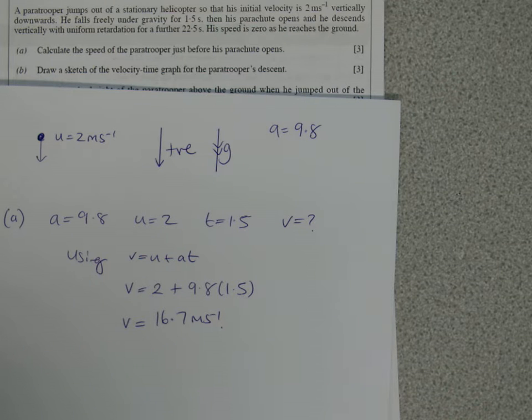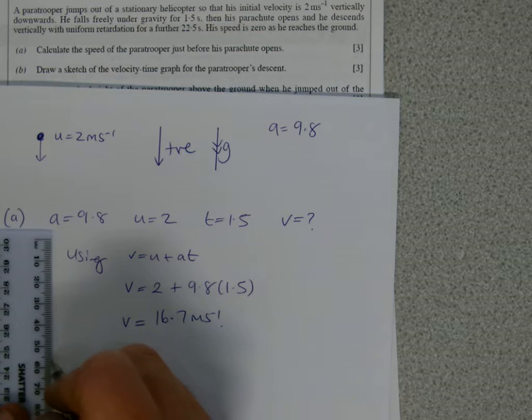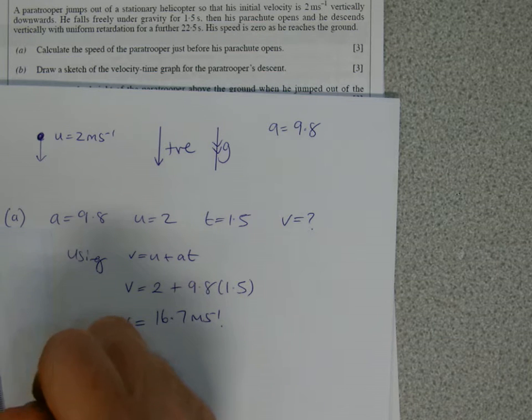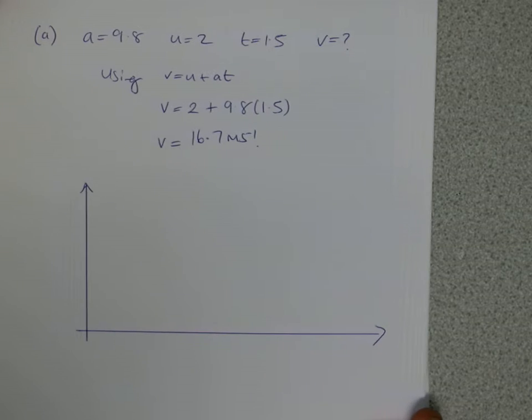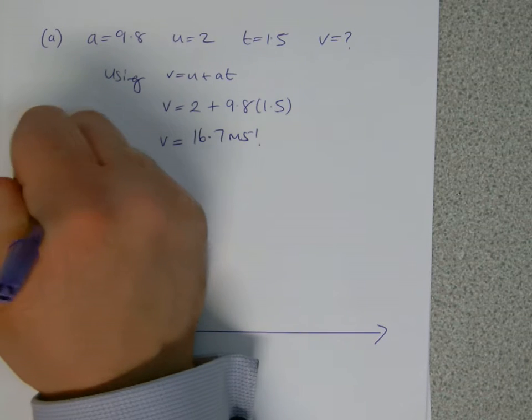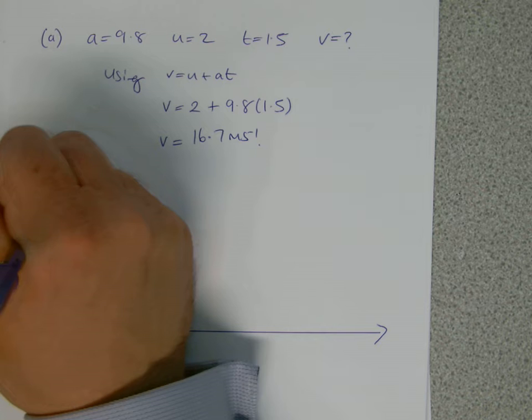Part B then says draw a sketch velocity time graph of the paratrooper's descent. So let's have a look here. Let's just think about this logically now, right, as we're working through this. So we've got velocity along here, meters per second.